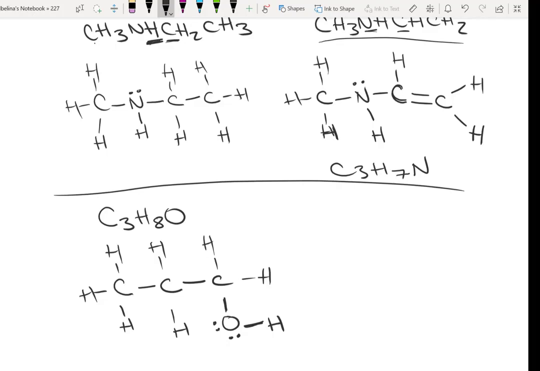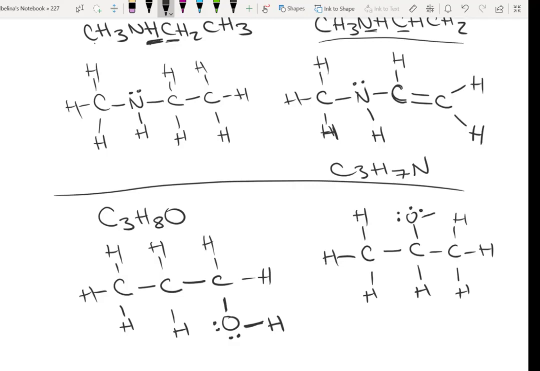There are a couple of other isomers I could draw here. I could place the oxygen on the middle carbon. Okay, and I like to start just by drawing single bonds on my carbons and then erasing them as I need to. So there's all the hydrogens but 1, and then I'm going to put an OH here to add my oxygen and the last hydrogen.